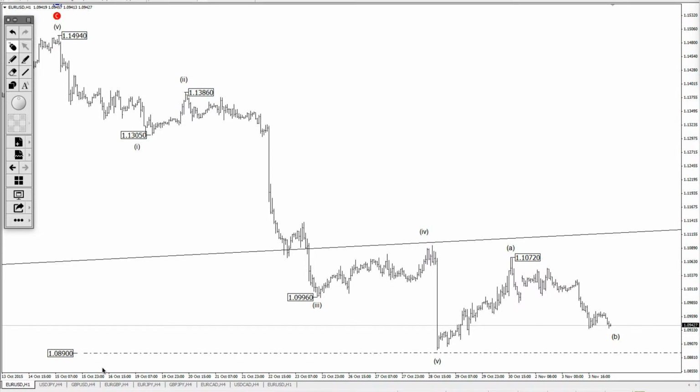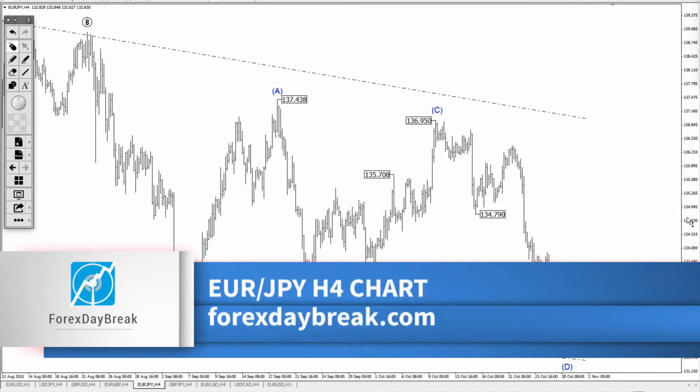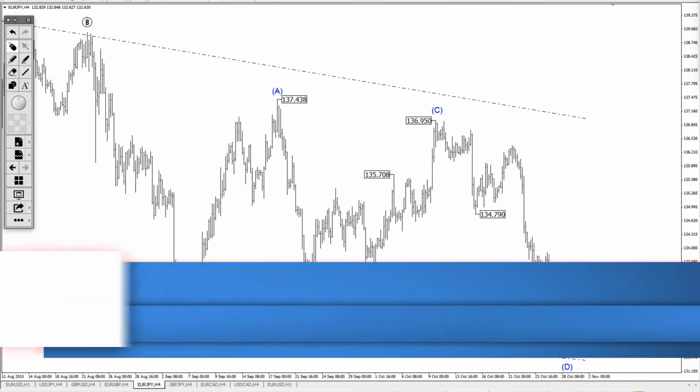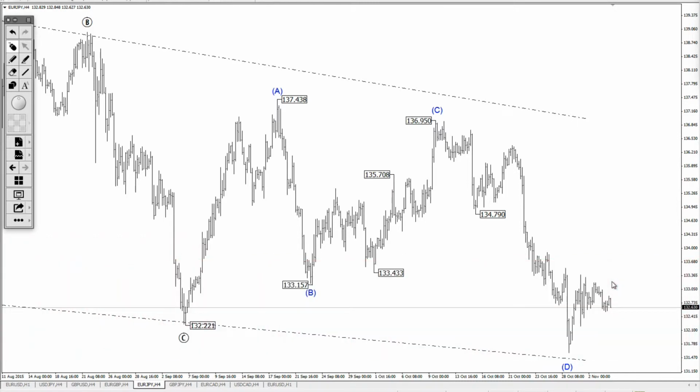Okay, let's move on to Euro-Yen. Not much progress in Euro-Yen for the past couple of days. We are still around the 132.6 level and sideways price action has continued.